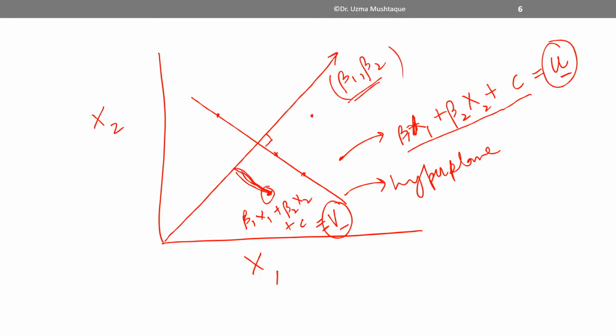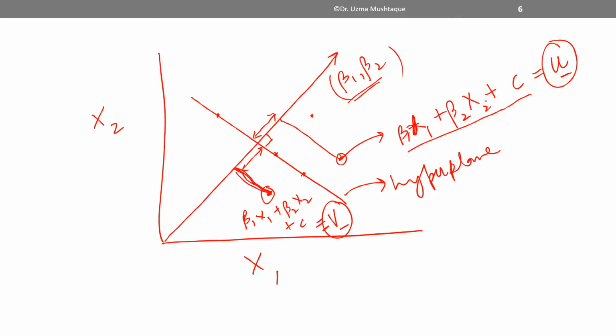So the projection of each of these points on my unit vector is nothing but the Euclidean distance from the hyperplane. Look, this is the distance of each of these points from the hyperplane. So this was some fundamental idea about the hyperplane.